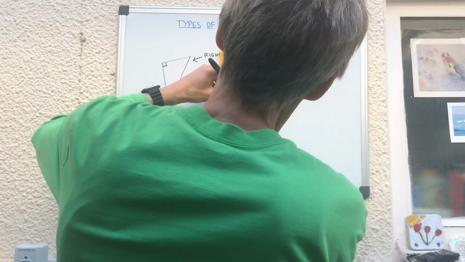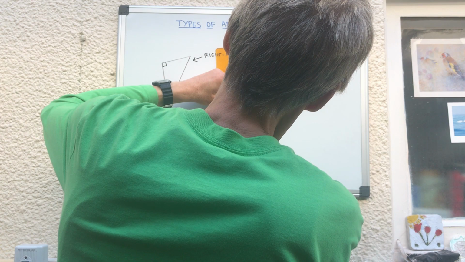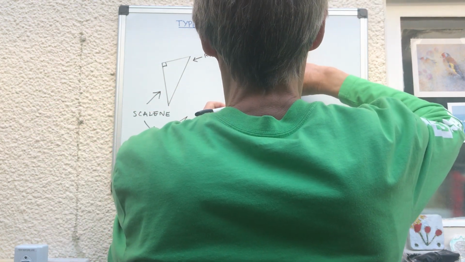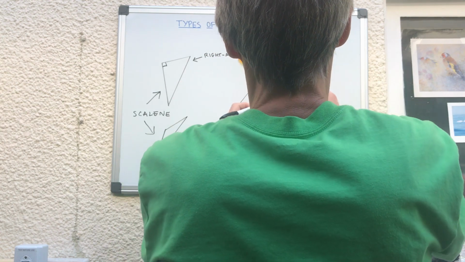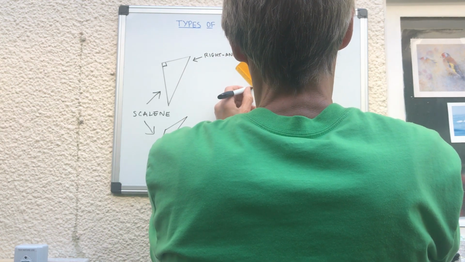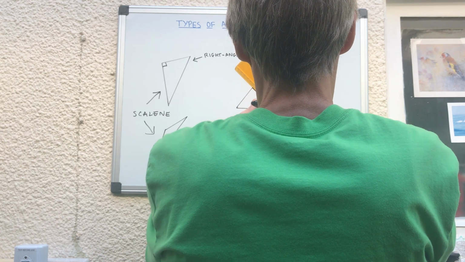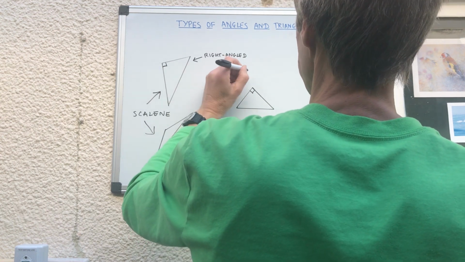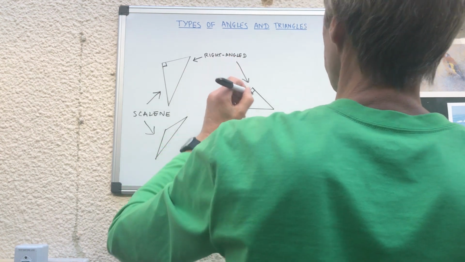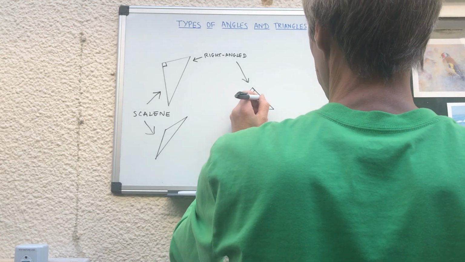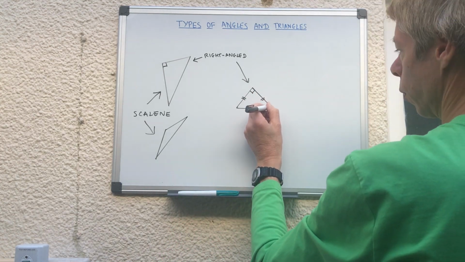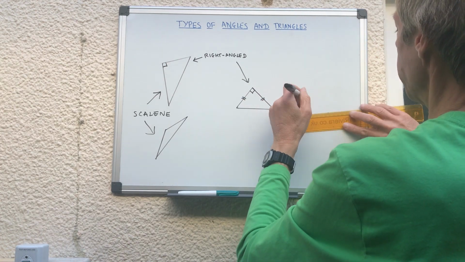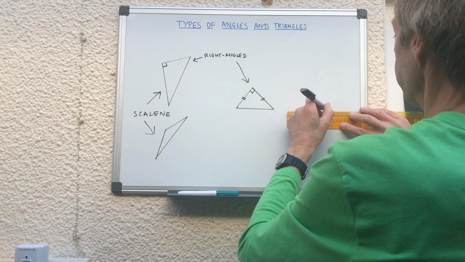It'll be slightly approximate. Right, you can see this triangle has a right angle in it, so that is a right angled triangle. These two should be the same length. So we do another one, which is going to be clearly not a right angled triangle.